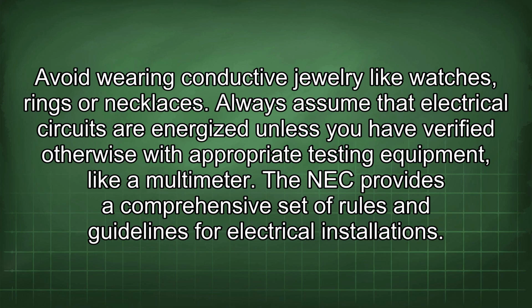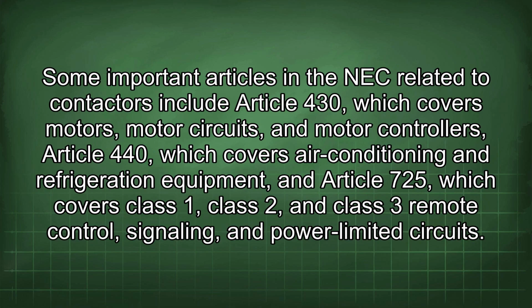The NEC provides a comprehensive set of rules and guidelines for electrical installations. Some important articles in the NEC related to contactors include Article 430, which covers motors, motor circuits, and motor controllers, Article 440, which covers air conditioning and refrigeration equipment, and Article 725, which covers Class 1, Class 2, and Class 3 remote control, signaling, and power limited circuits.